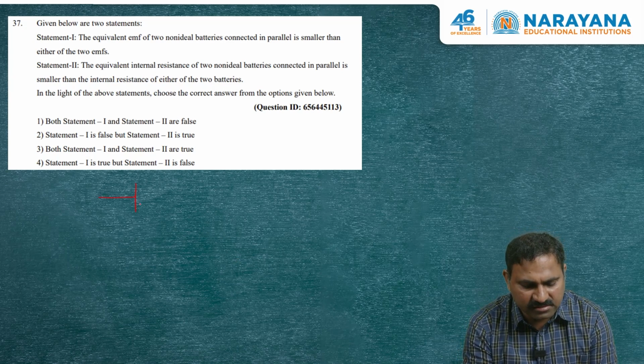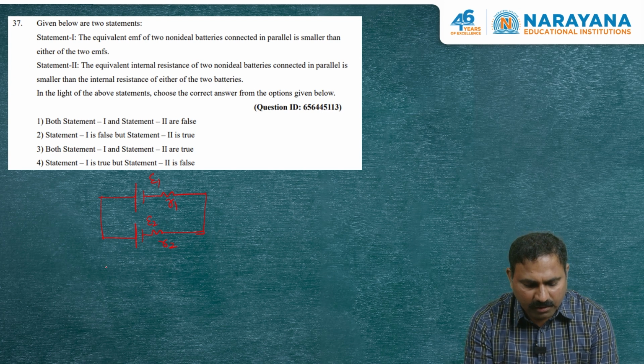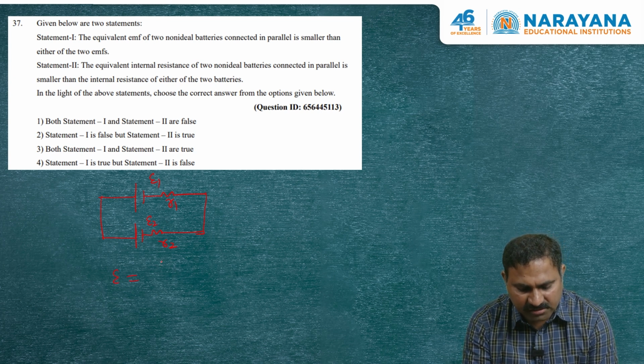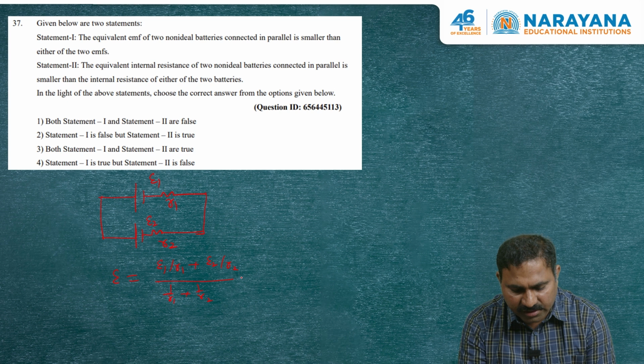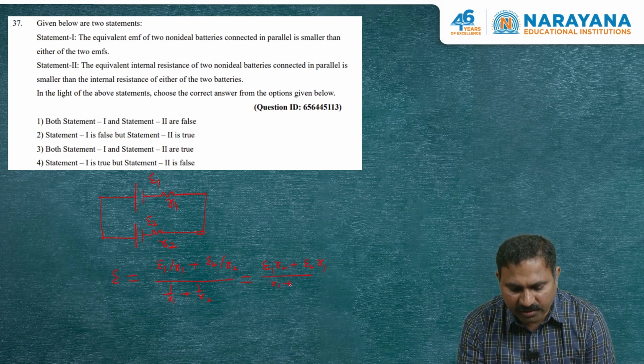When two batteries of EMFs E1 and E2 having internal resistances R1 and R2 are connected in parallel like this, the effective EMF comes out to be (E1 by R1 plus E2 by R2) whole divided by (1 by R1 plus 1 by R2). For the combination of two cells, it can be rewritten as (E1 R2 plus E2 R1) by (R1 plus R2).